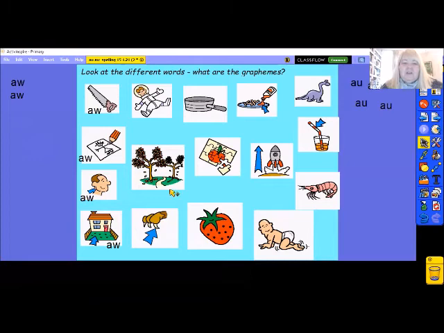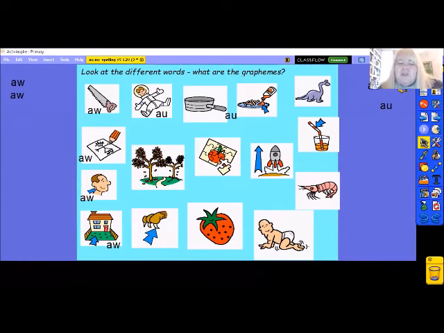This one, autumn. Let's have a look. That's spelt with the AU. Autumn. Sauce and saucepan both have AU. Straw. Now let's just think what we said.